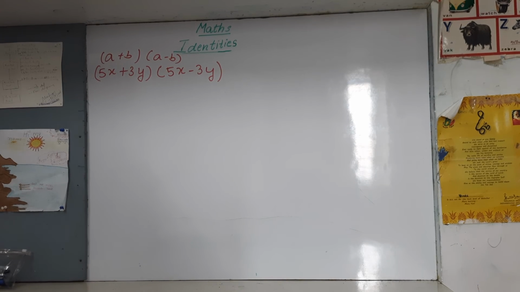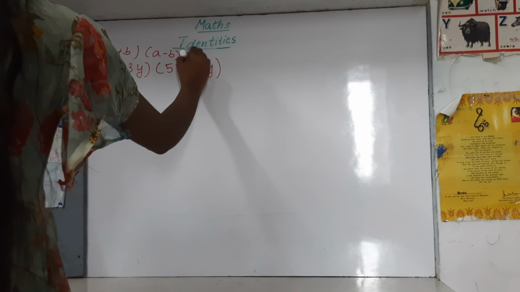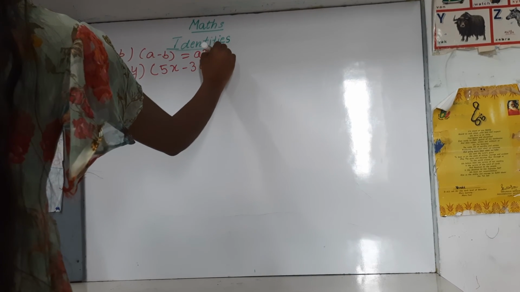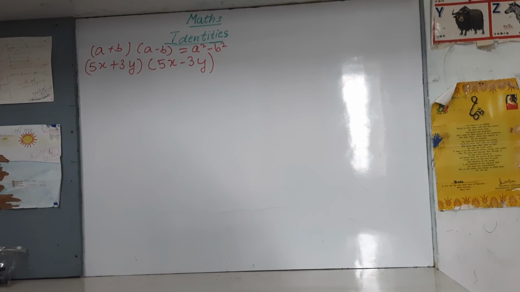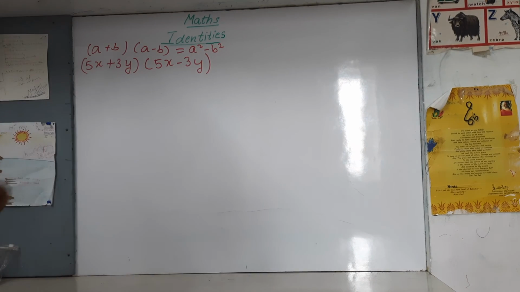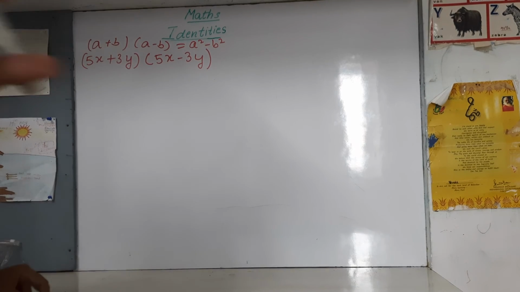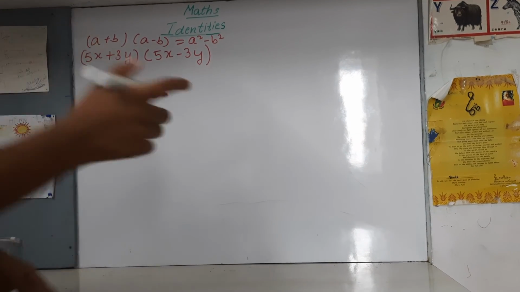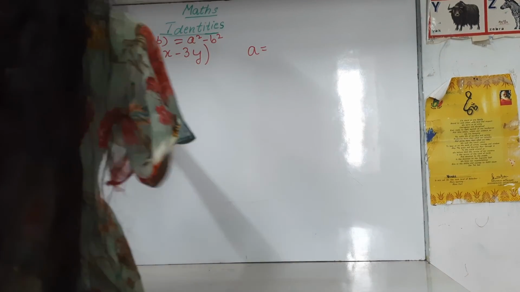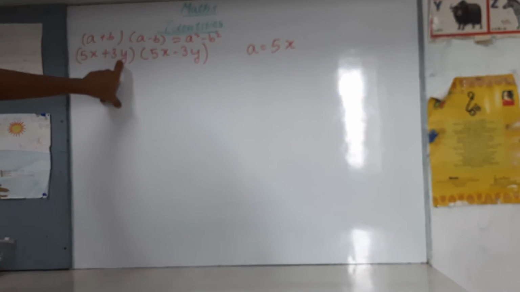How can we solve it? Let me tell you the steps. As I gave you, this is equals to a square minus b square. This is the format. Here you have to always write what is a and what is b. Never solve the problem directly, but first write down what is a and what is b. A is 5x. What is b? 3y.